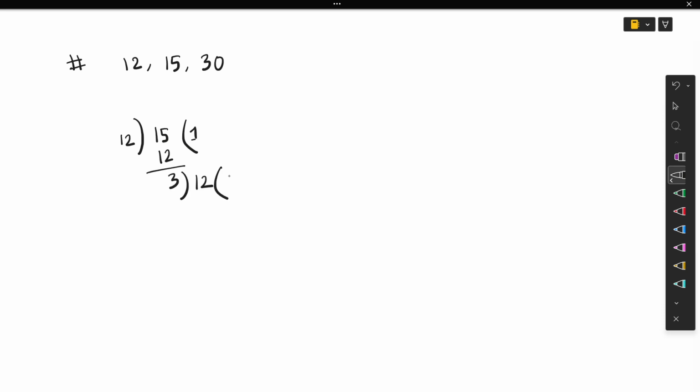If you further proceed, it goes as 3 times 4 is 12. Okay, there is no remainder. Now we take this 3 and divide 30 with this 3. So it goes 10 times.